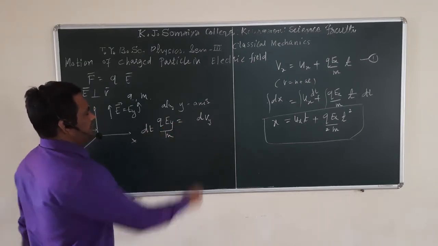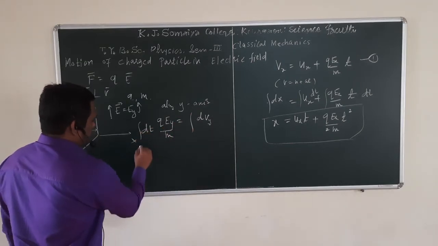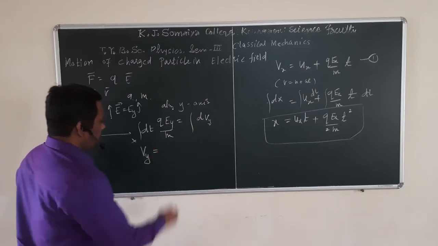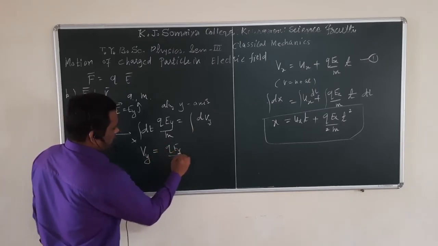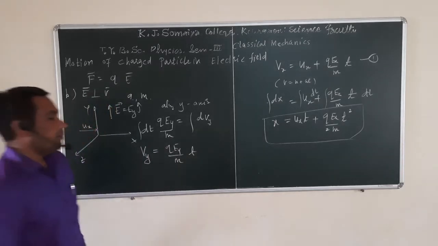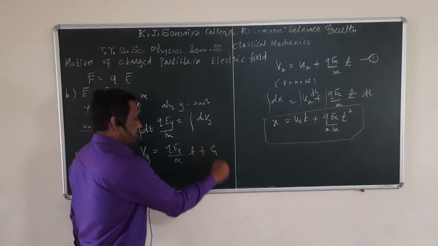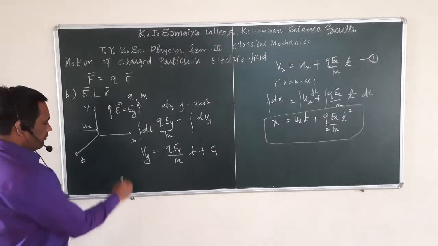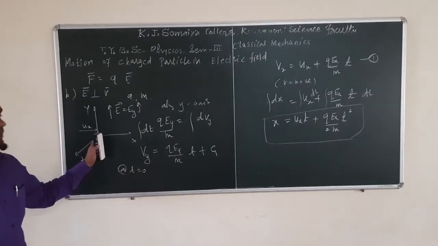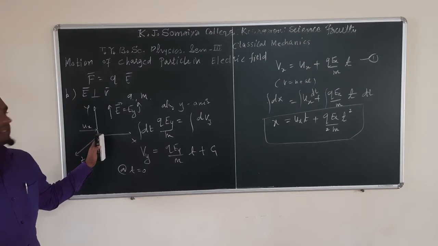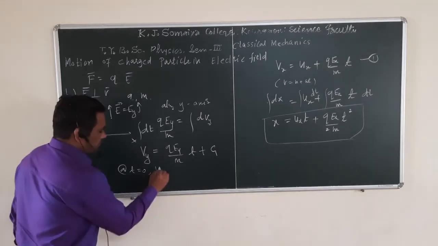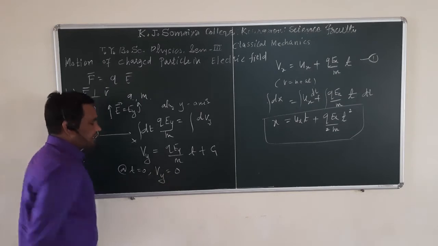If you integrate this equation, integration of dvy becomes vy is equal to q Ey upon m into t, plus constant of integration c1. Again, we know that at t equal to 0, which means when the charged particle enters the external electric field, its y component of velocity is 0.